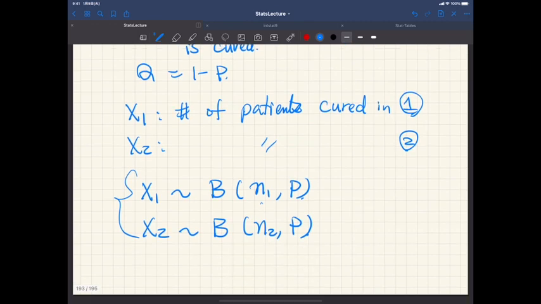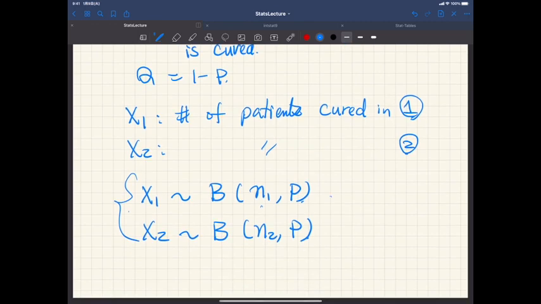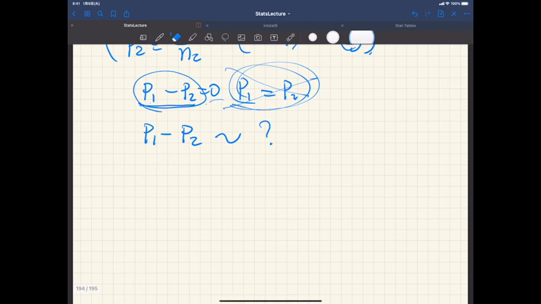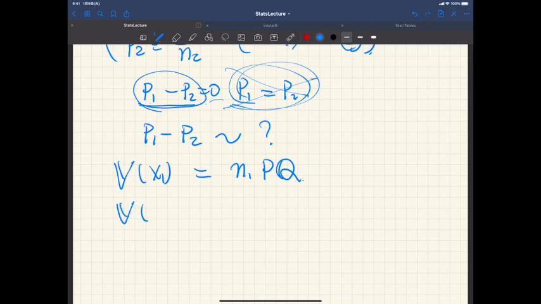Since x1 follows this binomial distribution, the variance of x1 is n1 p q, and the variance of x2 is n2 p q. These are the results of the binomial distribution.